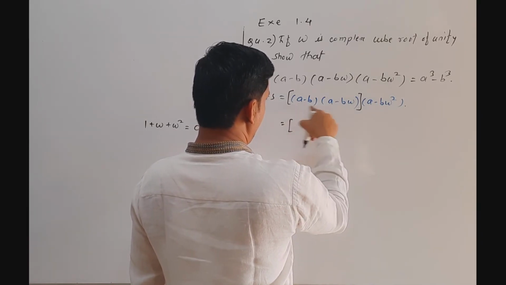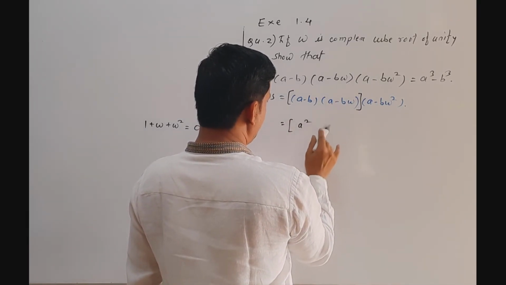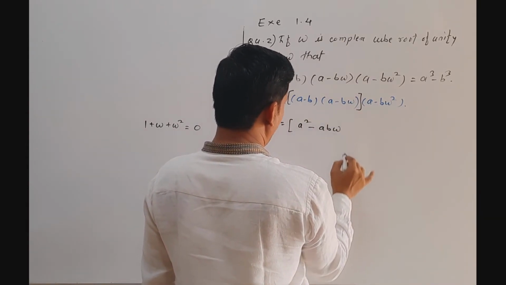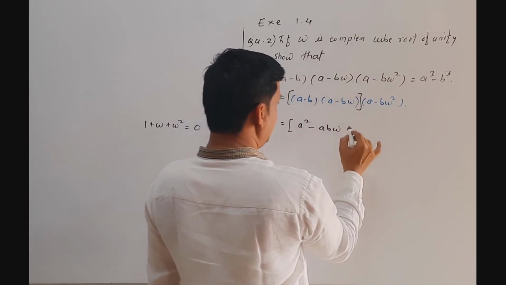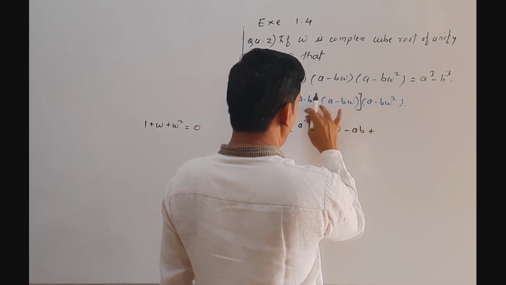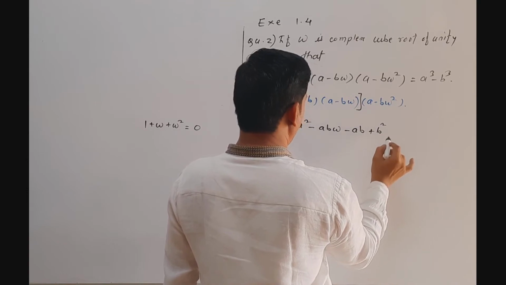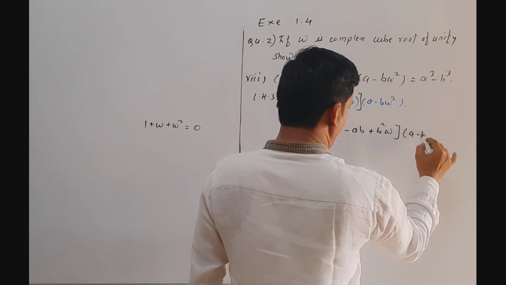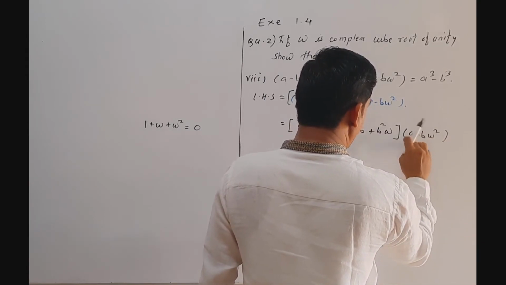So we write here A into A, which is A square, A into minus B omega, so we write minus AB omega. Then multiply by minus B, so we get minus AB. Minus minus gets plus, B into B, we get B square omega. A minus B omega square as it is.